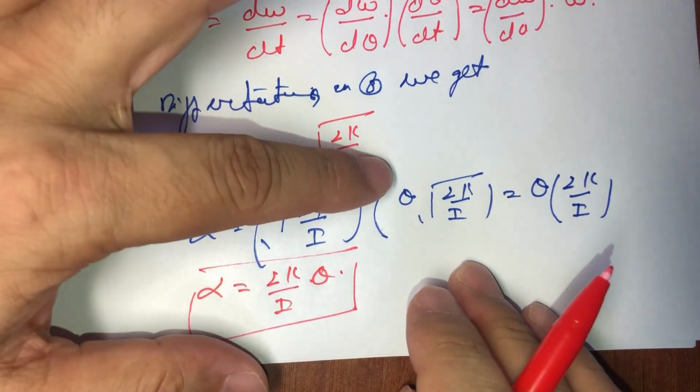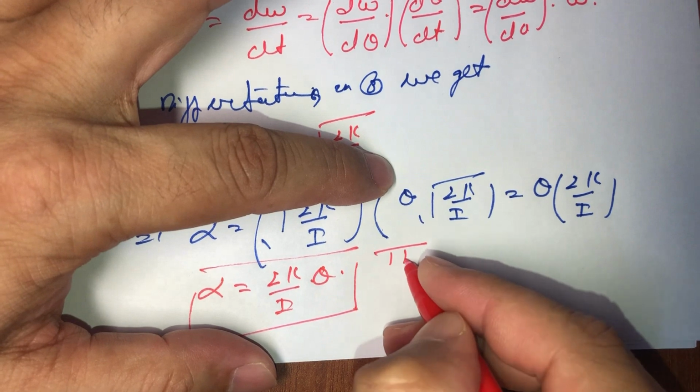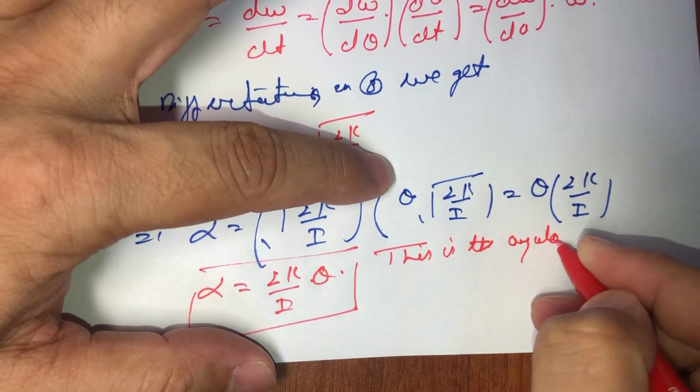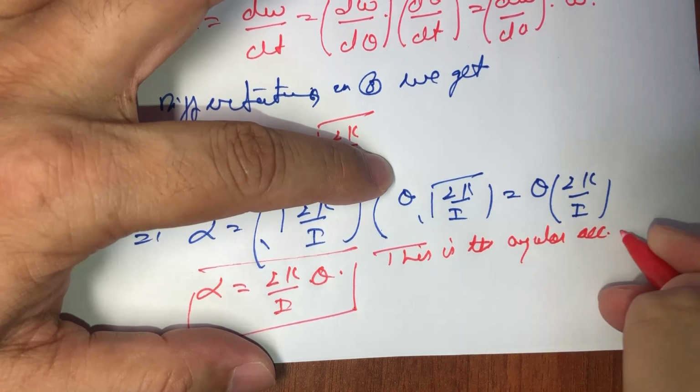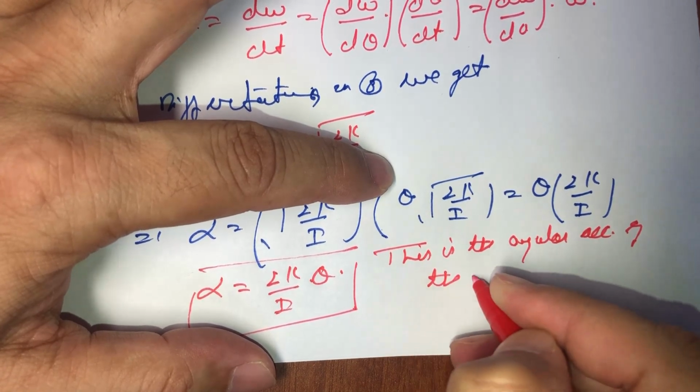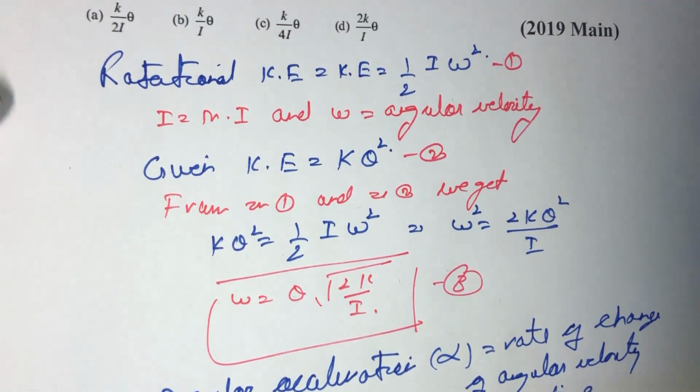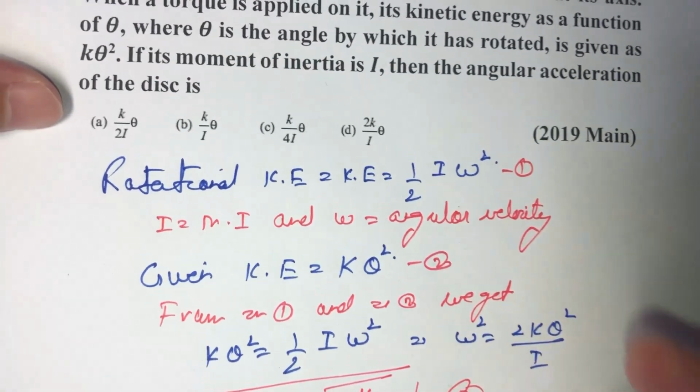So this is the angular acceleration of the disk. And we see option D is the correct option.